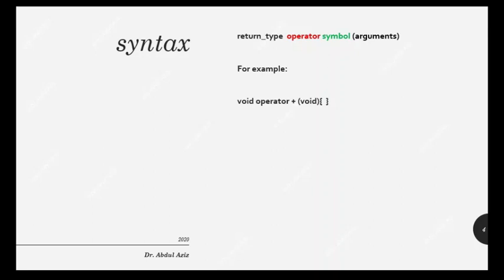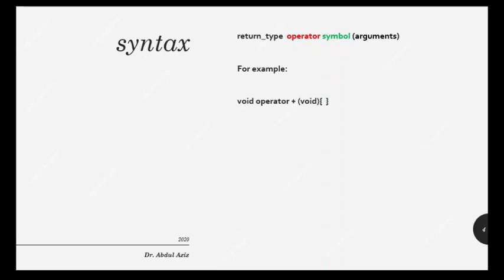We also pass arguments within the round brackets. On the other hand, whenever we call an operator, we just use the symbol of that operator, and we do not use any dot or reference operator to call a specific operator. So that is the main difference between the operator call and the function call.